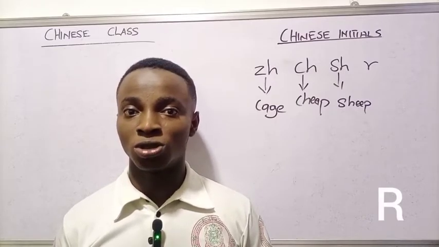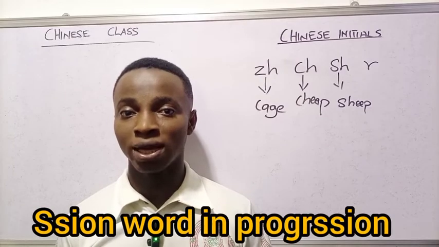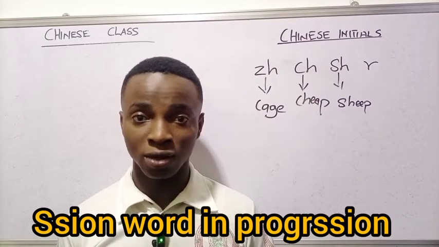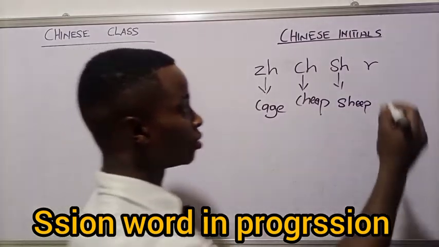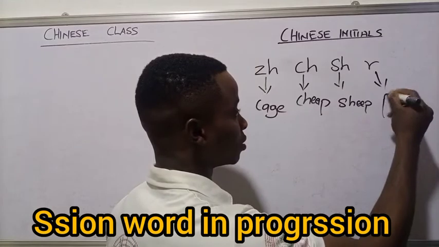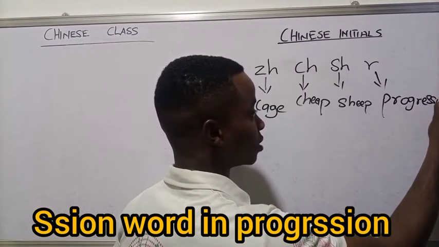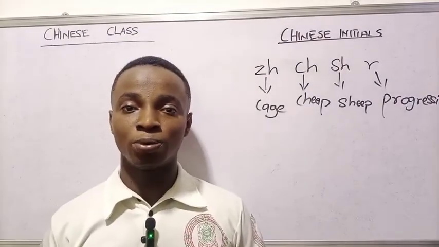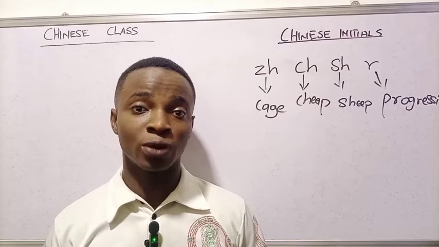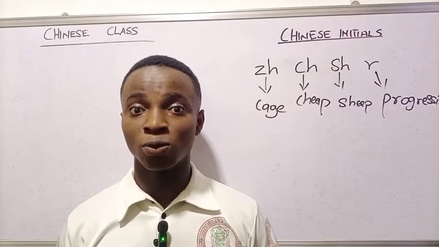Then the last one is r, just like the SION sound of the English language. Example, progression. The last sound in progression. Let's practice together these initials. Repeat after me.